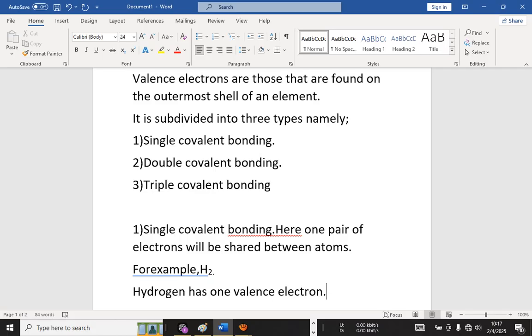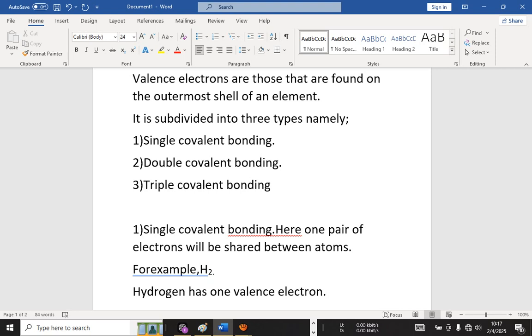That means in its outermost shell, hydrogen only has one valence electron. I think we have looked at a video on how to get the valence of an electron, and I will also put a link in my description. So hydrogen has one valence electron.